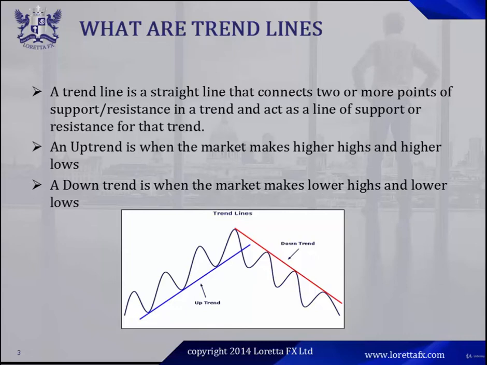So here we have two examples. Here we have an uptrend and here we have a downtrend. Okay, so you can see higher highs, higher lows. Okay, and here in the downtrend we have lower lows and lower highs.